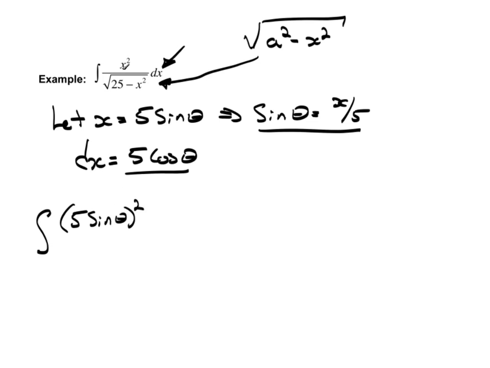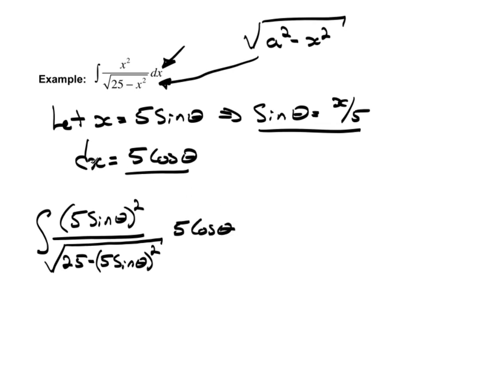There's my x squared, divided by the square root of 25 minus 5 sine theta squared. That took care of the 25 minus x squared. But I also have dx, and dx is 5 cosine theta. Oops, I forgot it here. This is 5 cosine theta d theta.